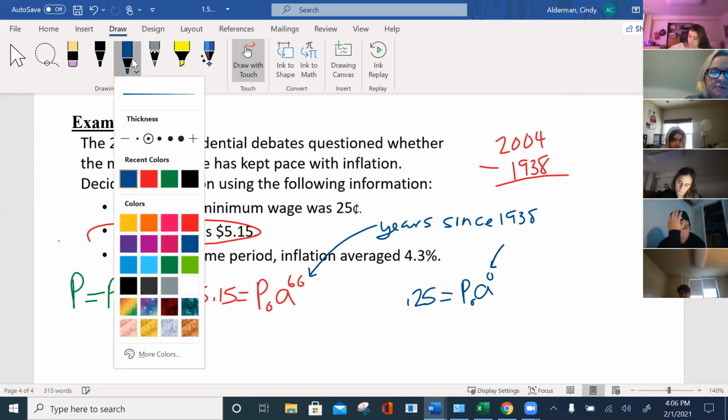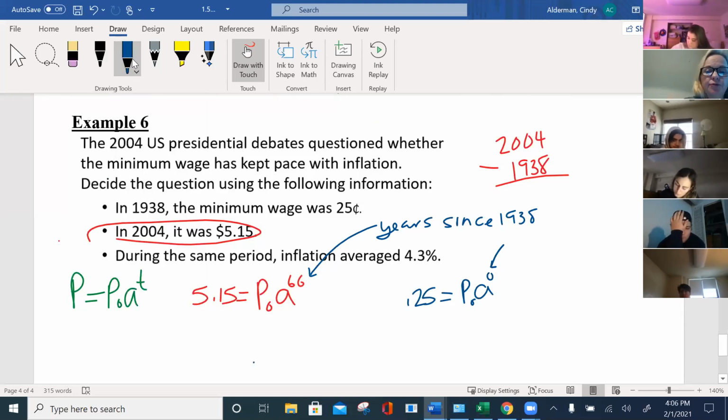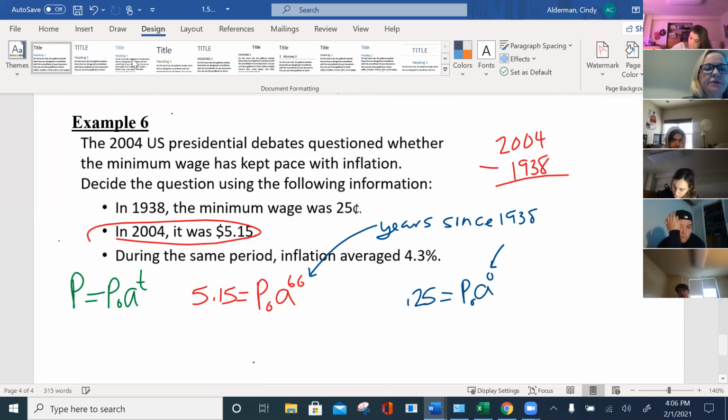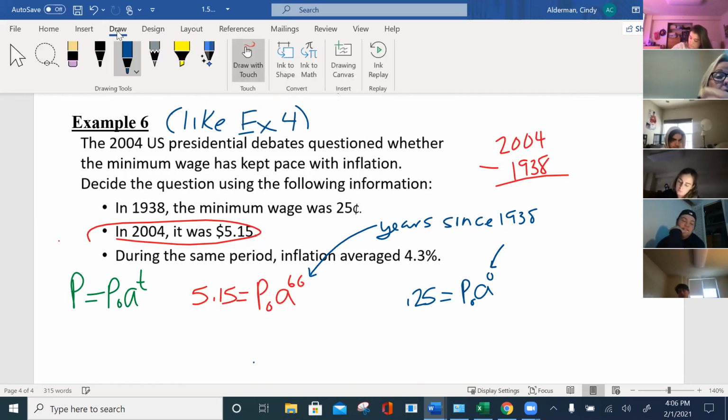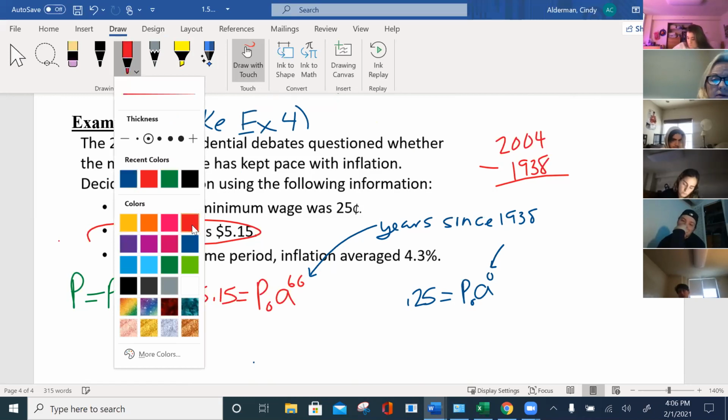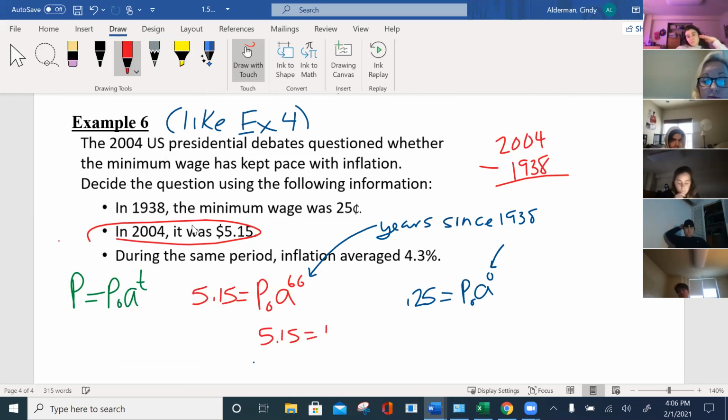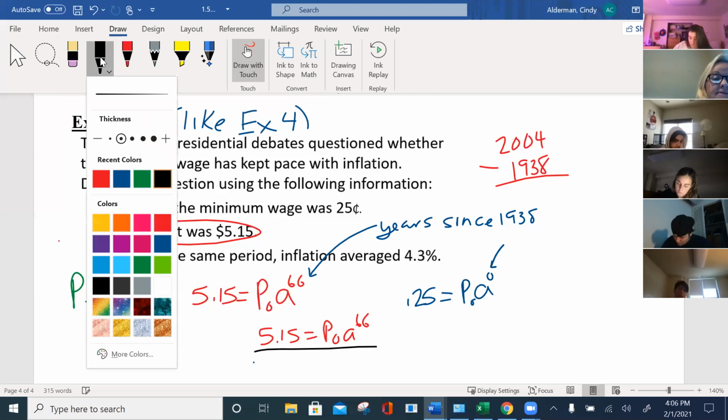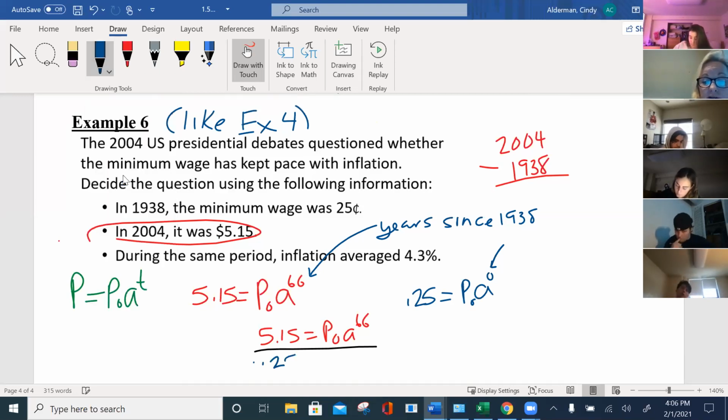And then what I'm going to do is I'm just going to use division of those 2. So I'm going to take 5.15 equals P sub 0 a to the 66 and divide it by the other equation, 0.25 equals P sub 0 a to the 0 power.